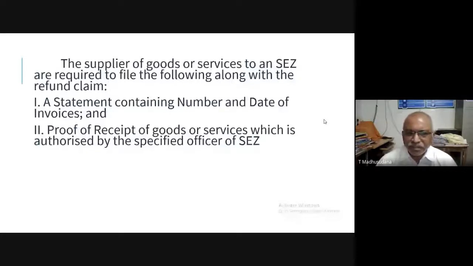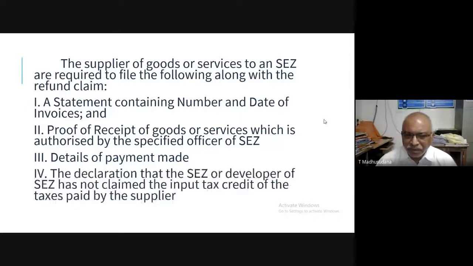Number three, details of payment made is to be submitted. Number four, a declaration that the SEZ or developer of the SEZ has not claimed the input tax credit of the taxes paid by the supplier.